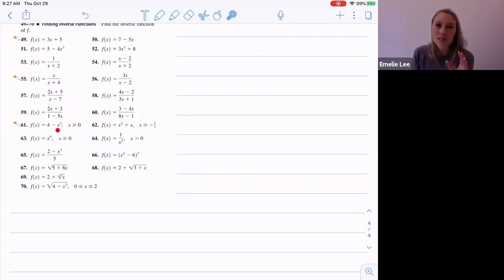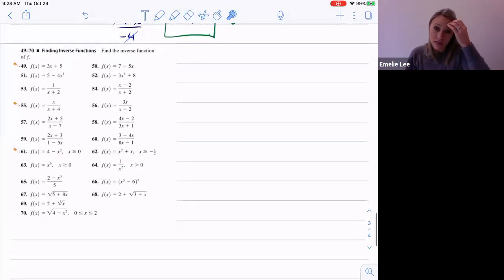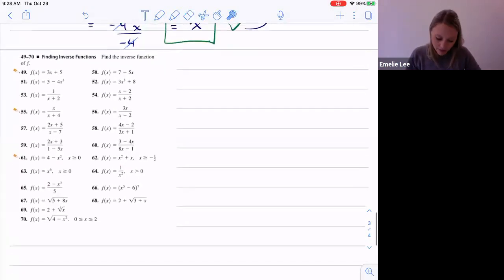So remember last day we said, okay, well, even functions, so functions with even powers of x, they're not generally one-to-one. So when you see an x squared like this, or an x squared here, or x to the 6, typically what we have to do is we have to restrict the domain in order for it to be one-to-one.